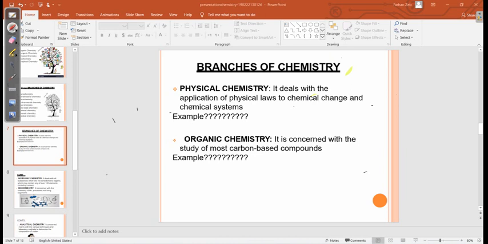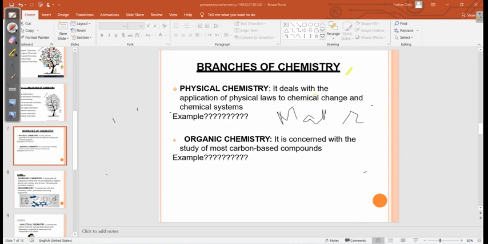Whose physical properties? The physical properties of matter. It deals with the applications of physical laws to chemical changes and chemical systems. It means we are going to study only matter. What is matter? We have already discussed it.